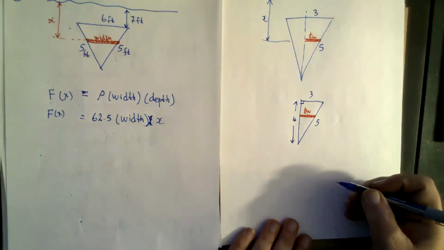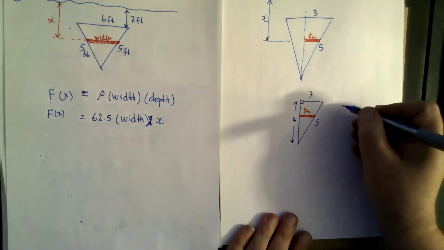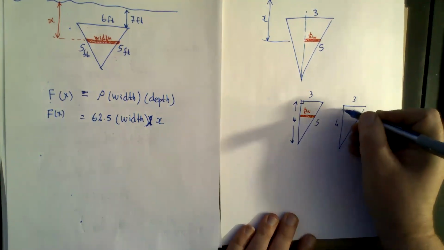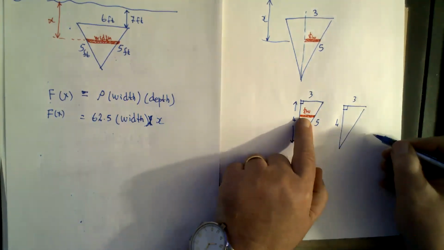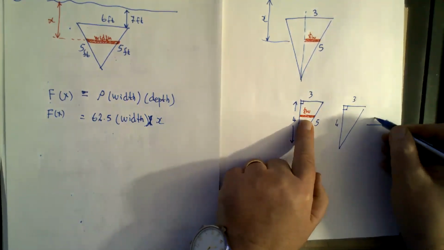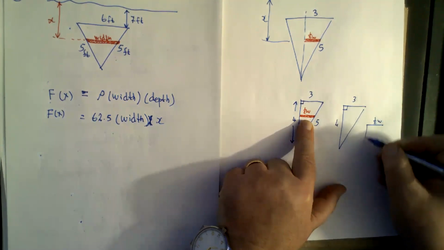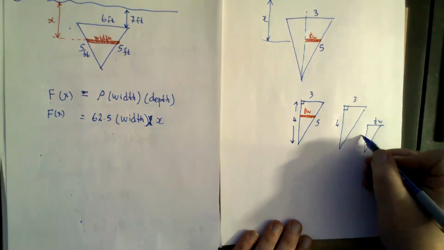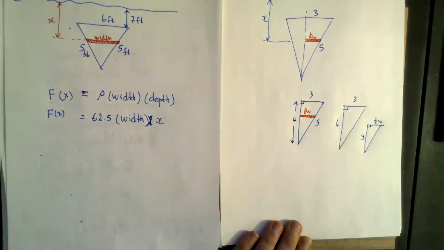So all I need to do now is imagine my big triangle, which is 3 by 4. And then I've got a little baby one, which is this bottom half. And this guy is a half W. And this guy here, we don't really know what he is right now. So let's just call him Y.